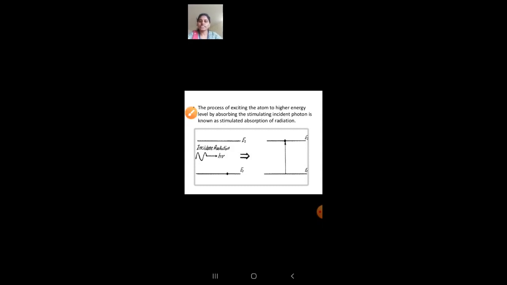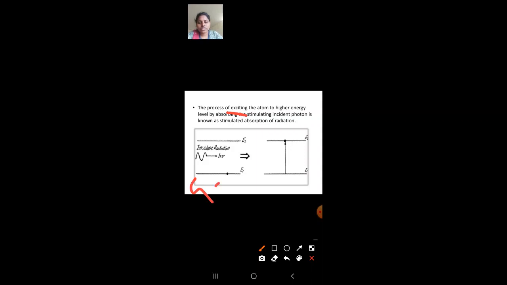Exciting means the transition of the particle from the ground level or lower level state to a higher level or excited state.